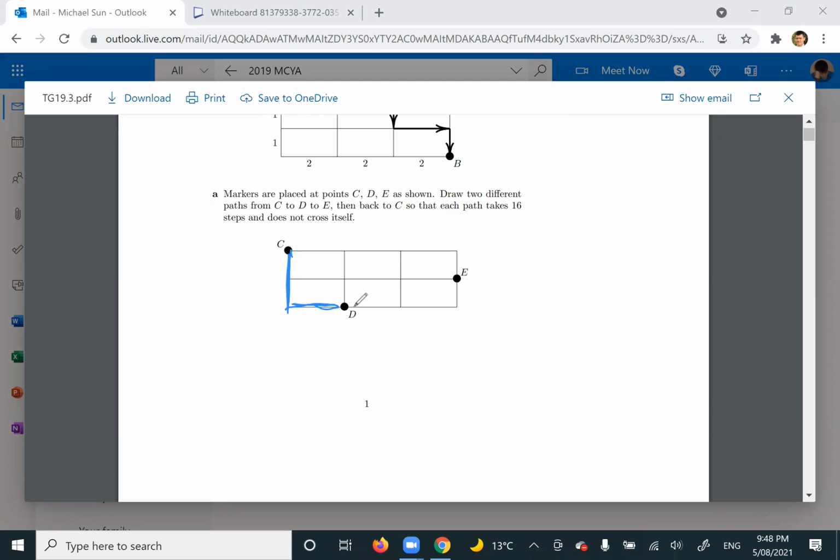Like that? Like that? Yep. And then like that and that and that and that and that. Like that, yeah? So there's lots of different ways. Let's have a look at part B. I don't want to spoil these questions.